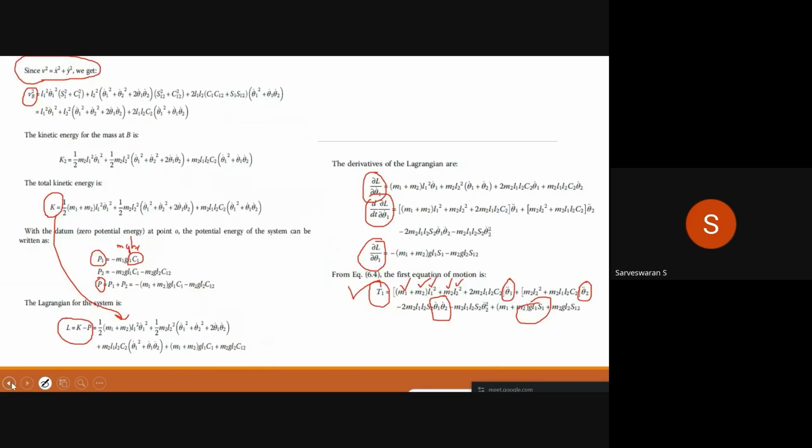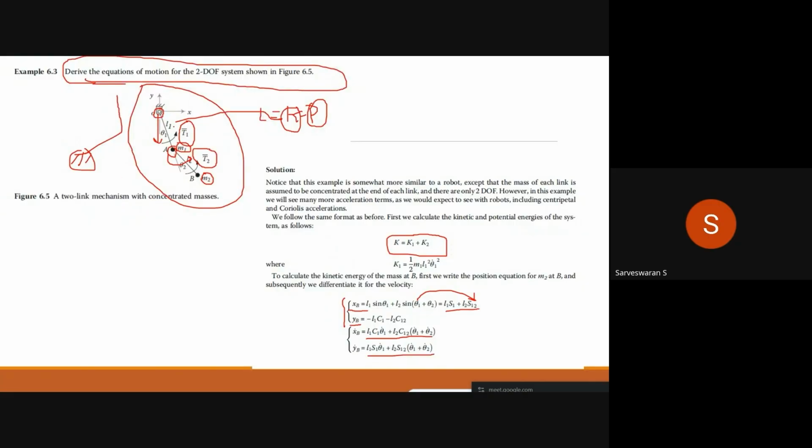Now, what we saw earlier is the equation of motion for a 2 DOF robot with concentrated mass at the end. It is only for a 2 DOF robot in a plane, and in a planar case we have only X and Y components.